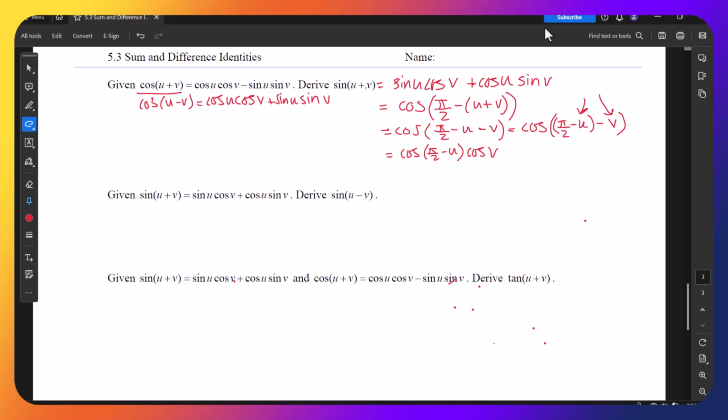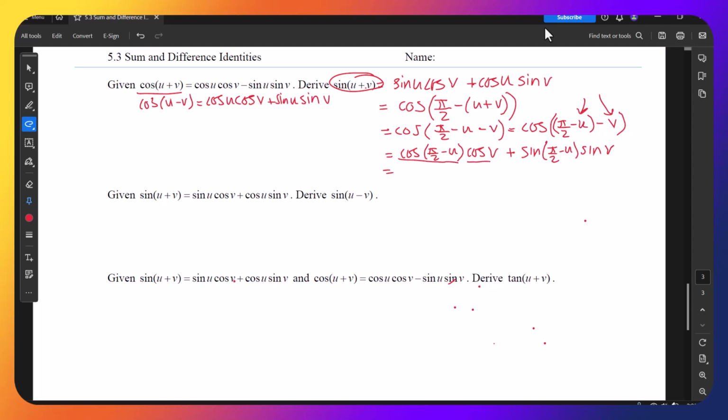So this is going to be plus sine of pi over 2 minus u, sine v. Okay, now keep in mind we're trying to prove that sine of u plus v is equal to sine u cosine v plus cosine u sine v. So we're kind of almost there. This is still cosine cosine sine sine, right?